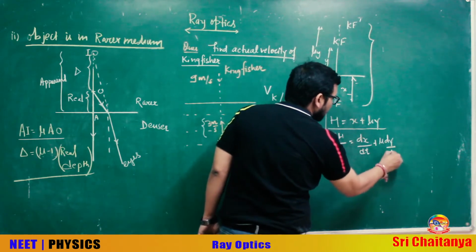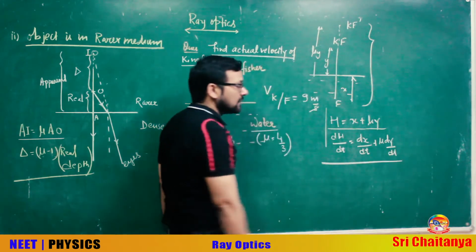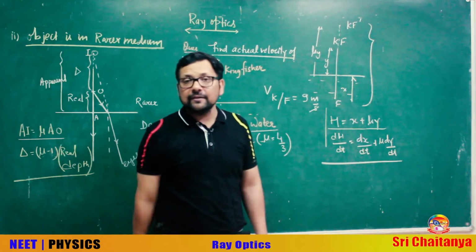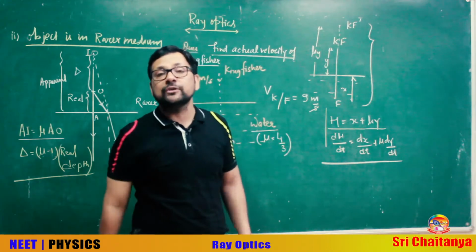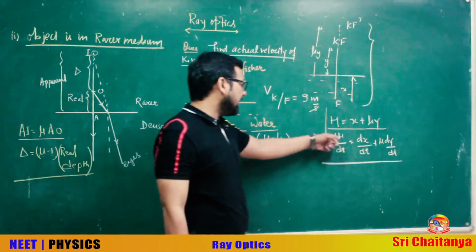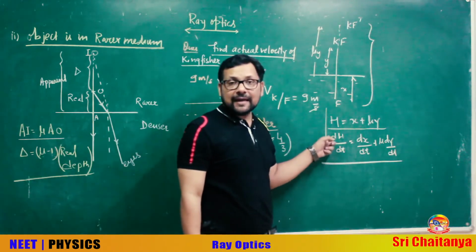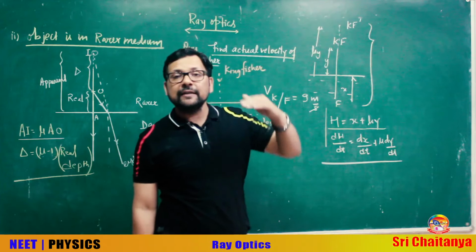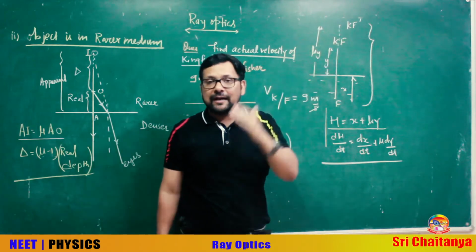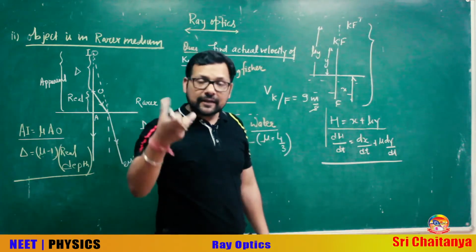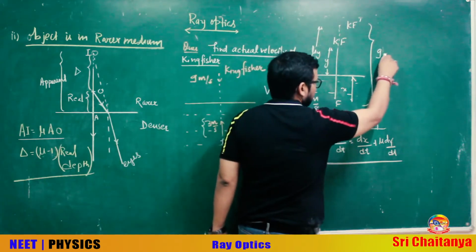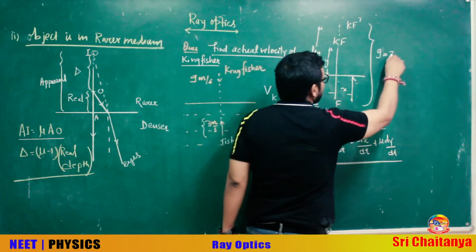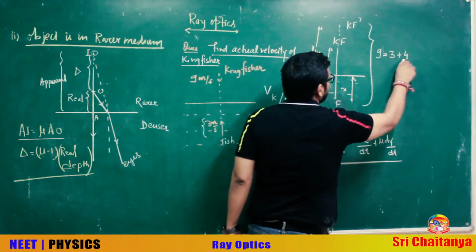This is the trick to solve velocity questions in ray optics. First write the displacement relation, then the constant one, differentiate with respect to time to get velocity. dh by dt, this h is the height between the apparent position of the kingfisher and the fish. So the relative velocity dh by dt is 9 meters per second. dx by dt is 3 plus mu is 4 by 3.